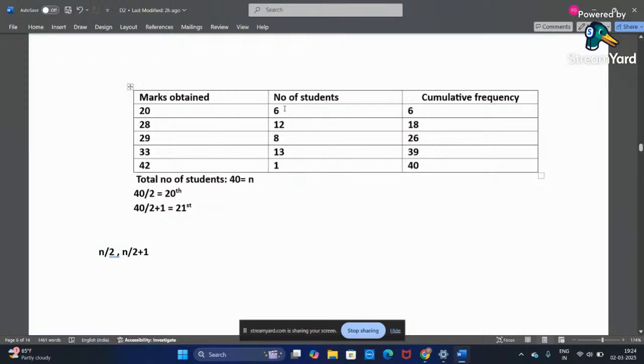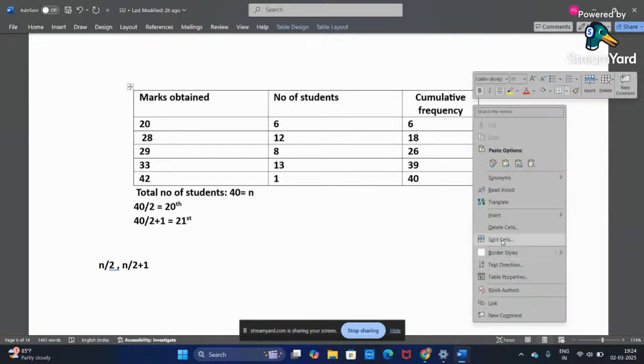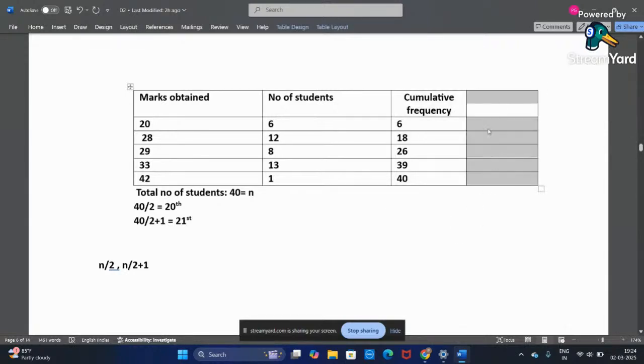Okay. See, from these 6 members have scored 20 marks, right? Okay, I'll write it.